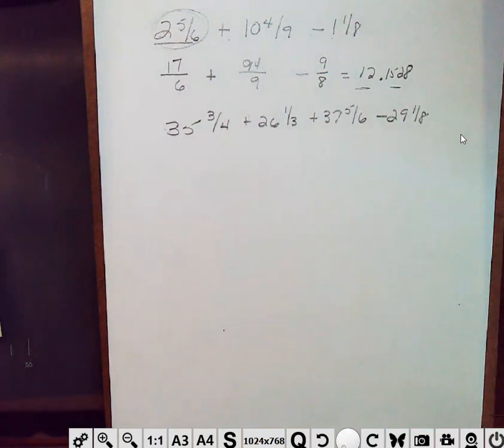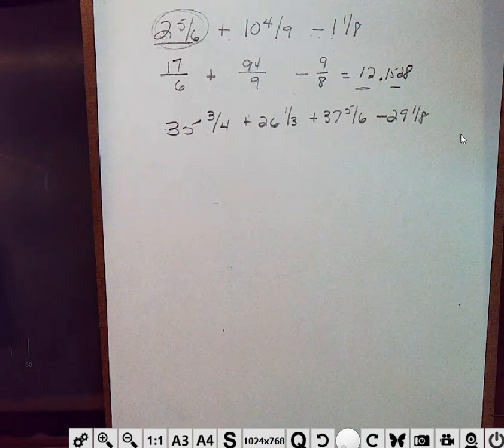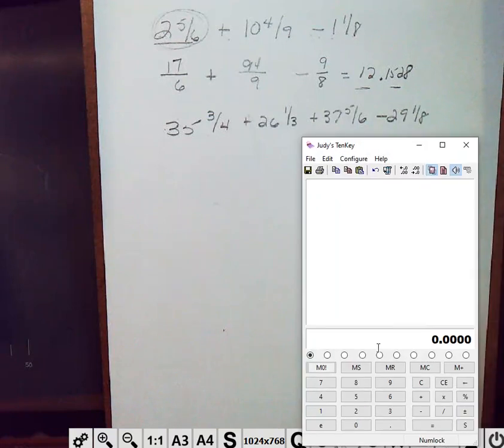So these are larger numbers. I don't want to try to make these into improper fractions, but we could. Well, let's do it that way first. We'll do improper fractions first.